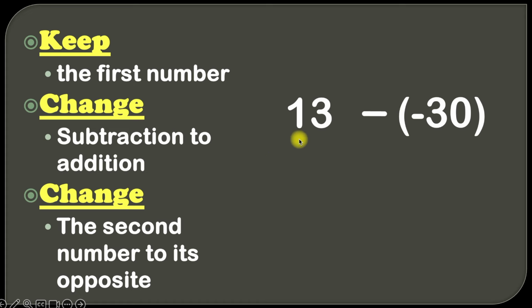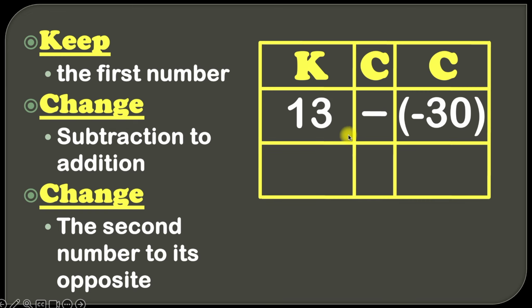Here's our next example. 13 minus -30. Because we're subtracting integers, I'll start with KCC. The K stands for keep, so we'll keep this 13 exactly the same. This C stands for change, so we're going to change subtraction into addition.